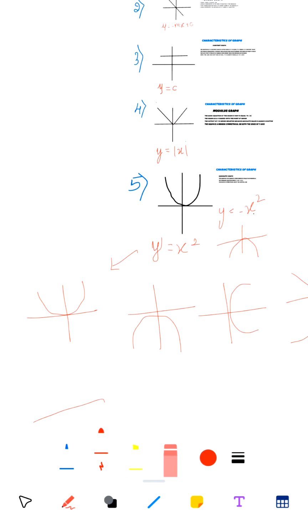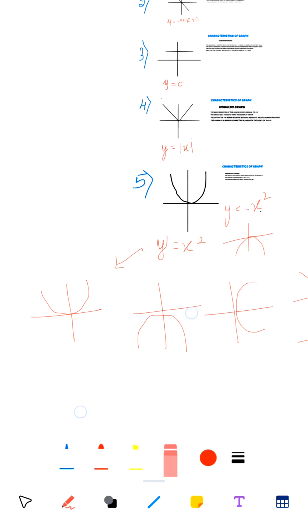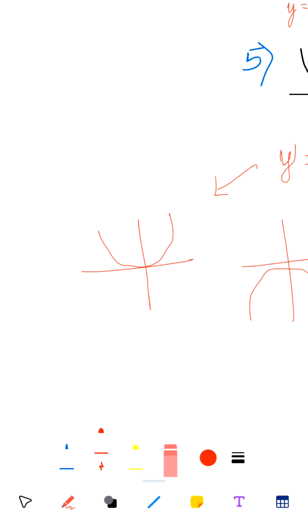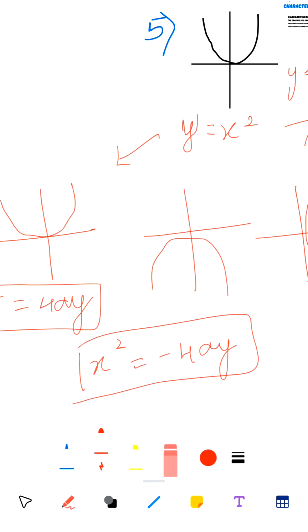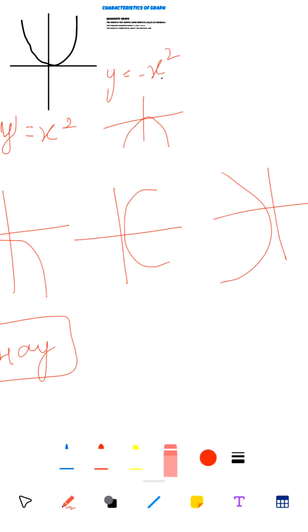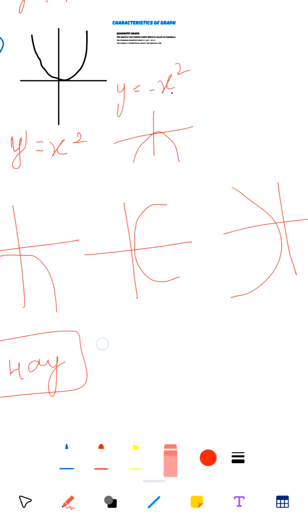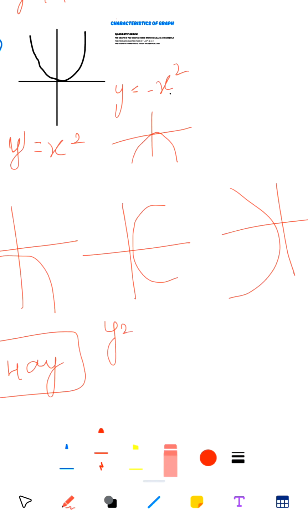For this graph, the equation is x square is equal to 4ay. For this graph, x square is equal to minus 4ay. And for this graph, the equation is y square is equal to 4ax.